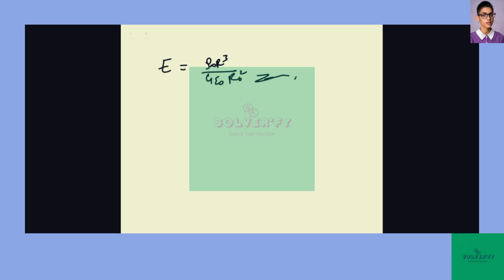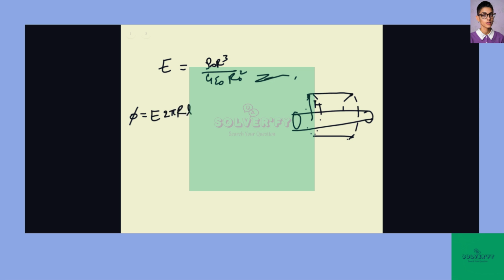Now, for any point outside the cylinder, let's say this distance is r, we consider another cylinder. We do the same kind of flux derivation, and we get the flux to be E into 2 pi rL, where L is the length of the cylinder. But the charge enclosed will simply be all of the charge within the cylinder.